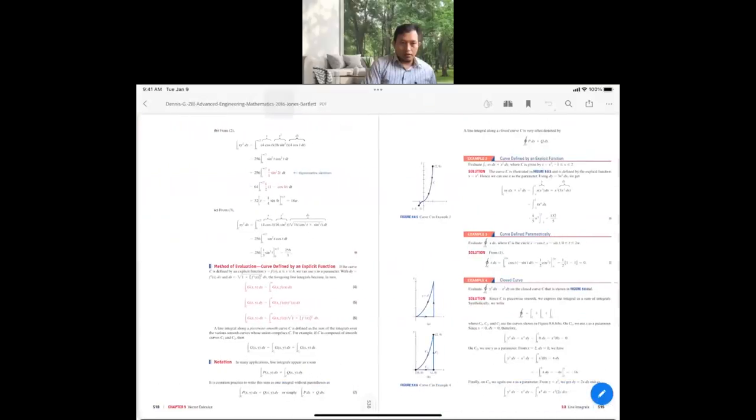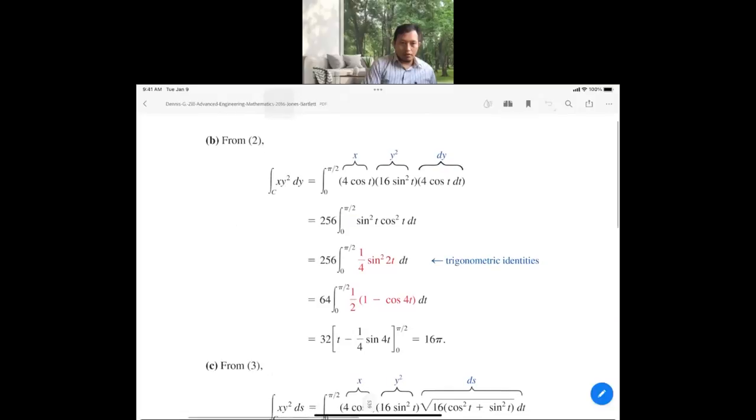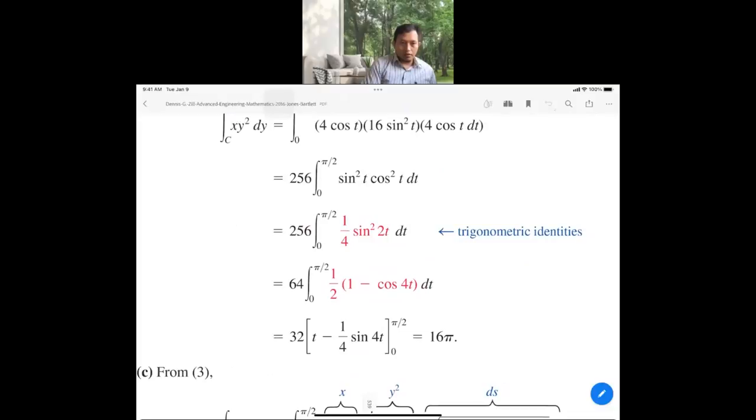Now the second one, xy squared dy. This is just plugging in and taking dy, differentiating, and then we have sine squared, cosine squared, and we can use a trigonometric identity.